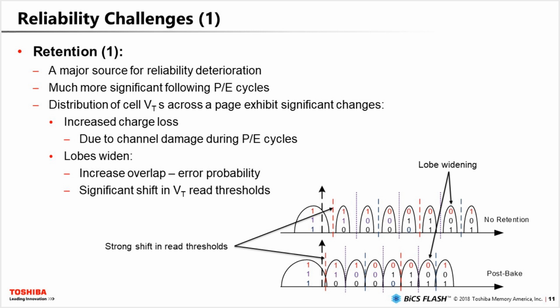And what happens with the distributions includes the following. Well, you see more charge loss as the device undergoes PE cycles. So you see the distributions becoming fatter and also shifting. So your optimal VT location has now shifted quite a lot, and the number of errors that you see coming out of the NAND is quite high now, because there's a much higher intersection, overlap between the lobes.